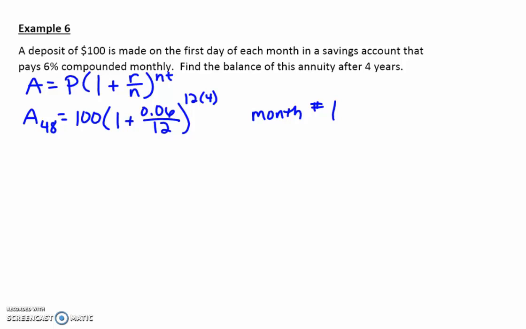And so if we want to find the very last month, we're going to go down to a sub 1, where there's 1 month left, and that's going to give us 100 times 1.005 to the power of 1, because it's the very first term, and so there haven't been any years. And so this is the last month.